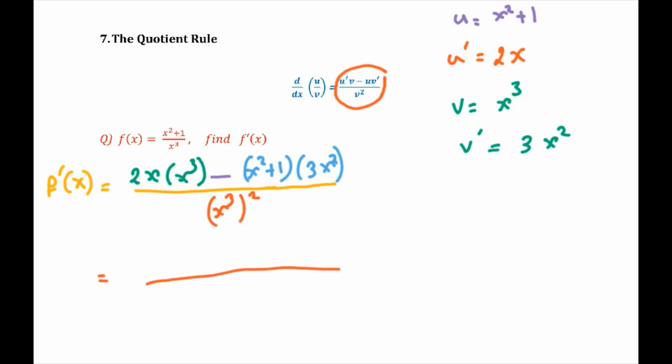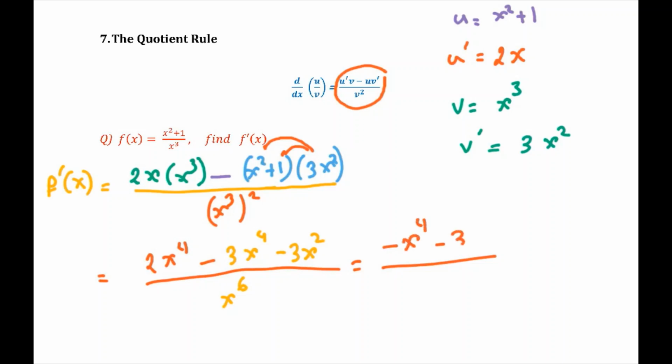Simplify, that's going to be 2x to the 4 minus, you can multiply, don't forget the negative in the middle here, so minus 3x to the 4 minus 3x squared over x to the 6. That's going to be equal to negative x to the 4 minus 3x squared over x to the 6.